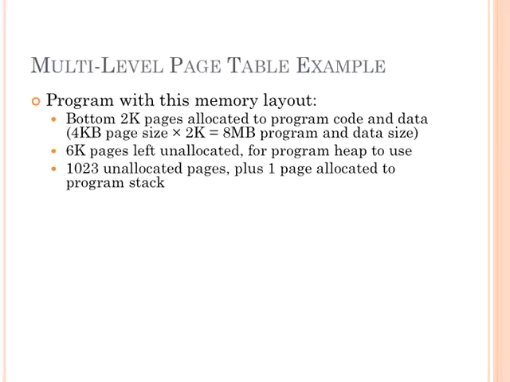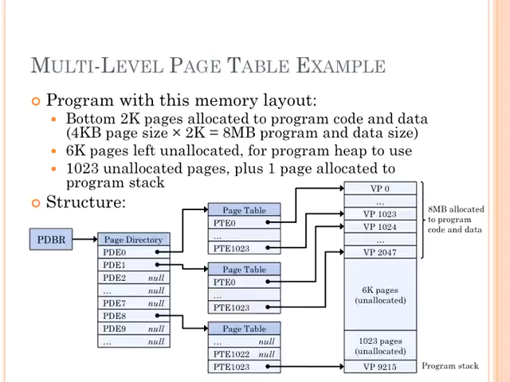Okay, so if we had a simple memory layout like this, 2K pages allocated to code and data, it's not a very large program. And then we have space for the heap, but it's unallocated at this point. And then we have a whole bunch of space for the stack to grow down. This is basically all we need. Before, we would have needed 4 megabytes to represent this.